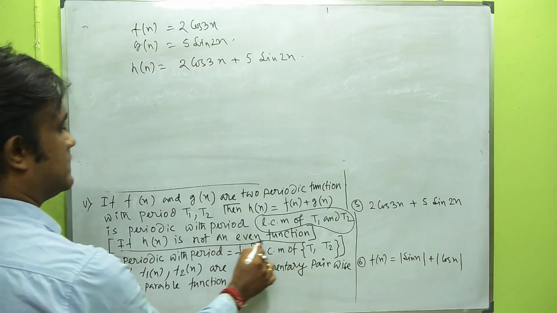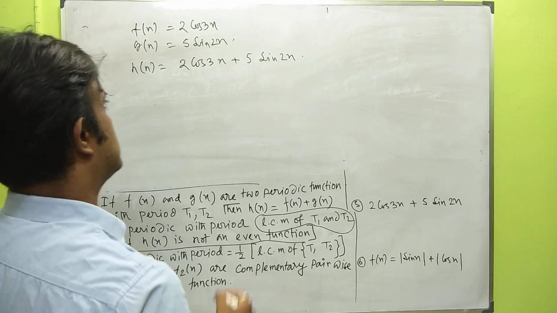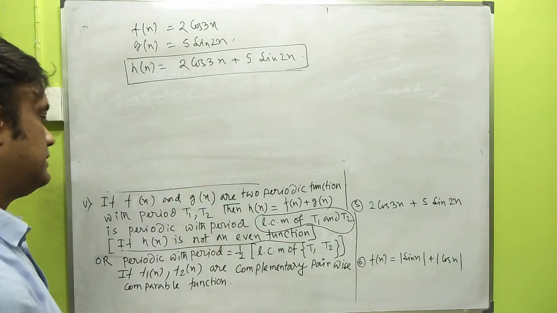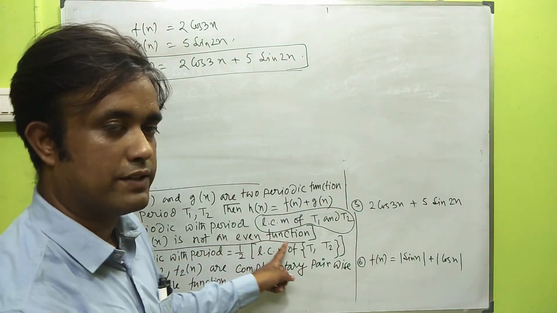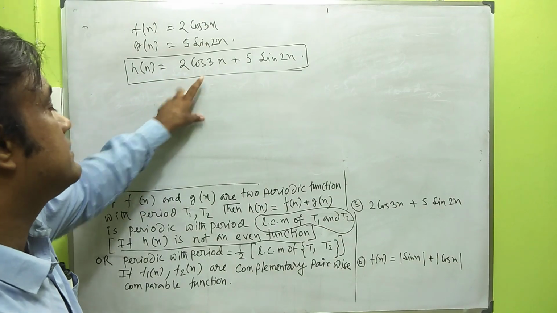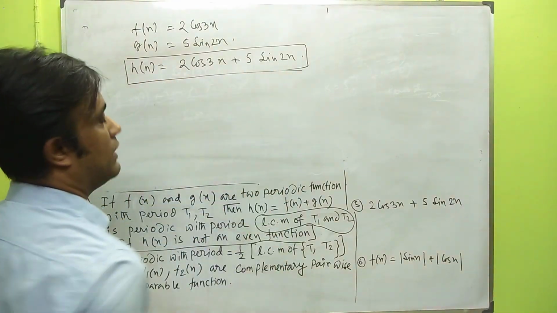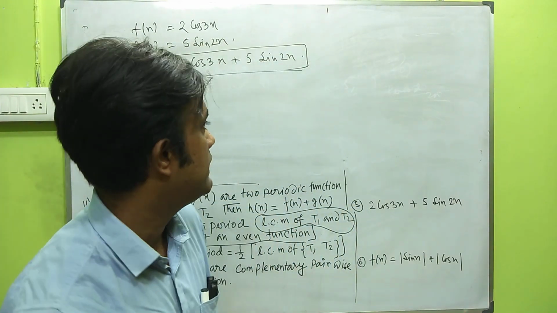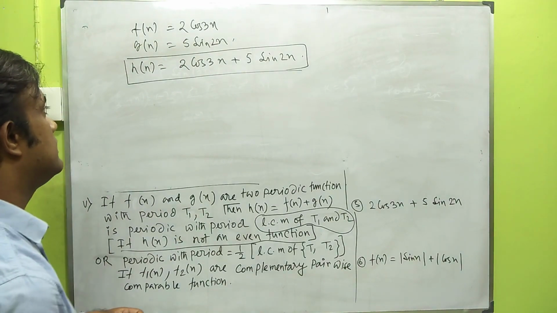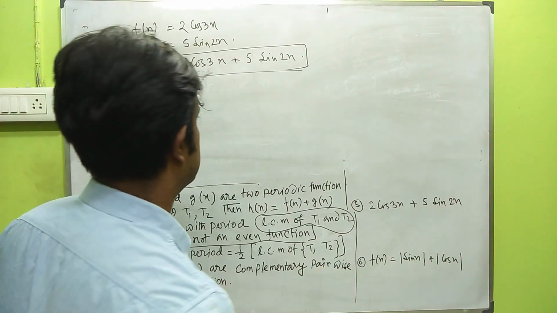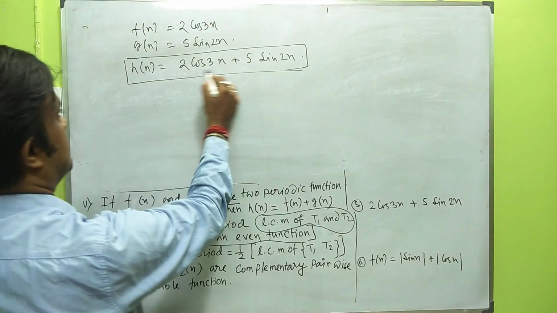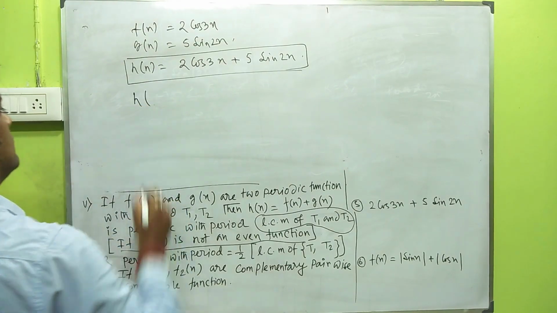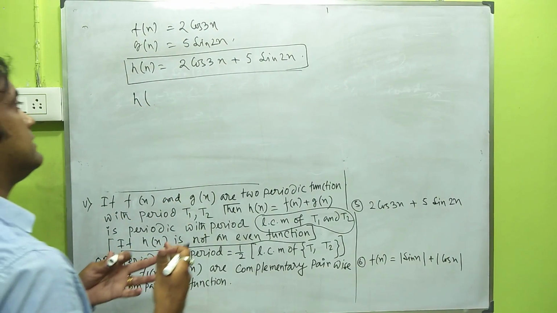If h(x) is not an even function, suppose h(x) is equal to this. First condition, that h(x) is not an even function. So here it is very obvious that h(x) is not an even function, and you also know the rule of how we find that a function is even or odd.